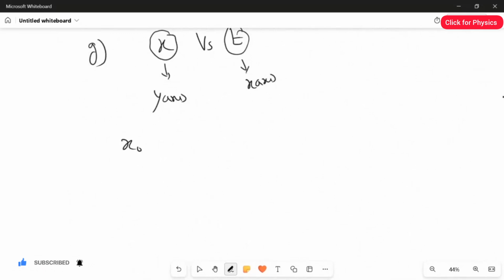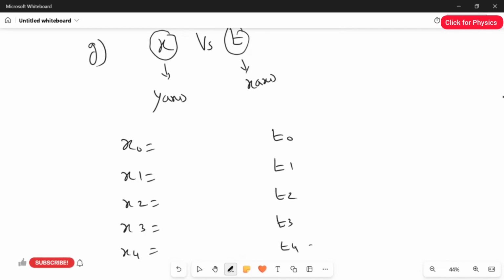So x naught, x1, x2, x3, and x4. These are the 5 position values we got, and its respective times are t0, t1, t2, t3, and t4. Let's see what's the value from our answer. At time t equal to 0 second, what is our position? 0 meter.